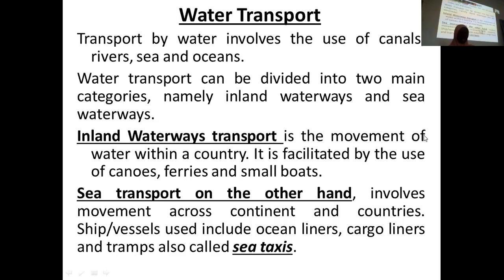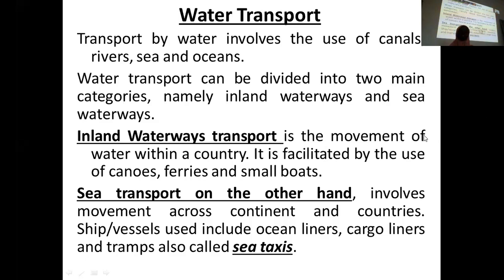Then, when you're talking about the advantages, they don't usually have traffic congestion.